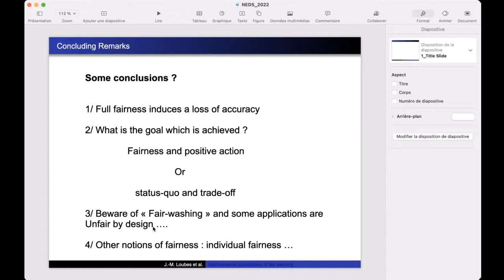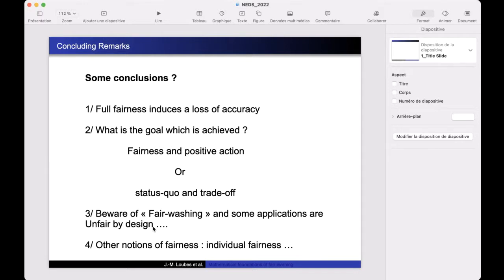And just to conclude, being fair from a machine learning point of view does not mean I'm fair from a moral point of view. I've seen a lot of applications which were completely unfair by design.